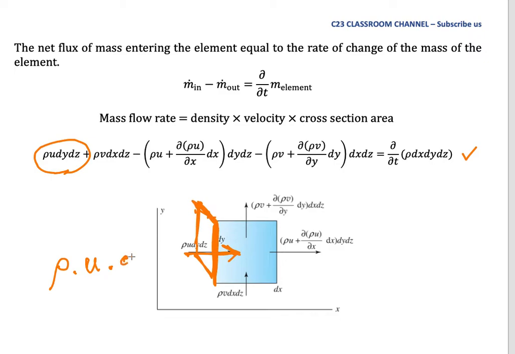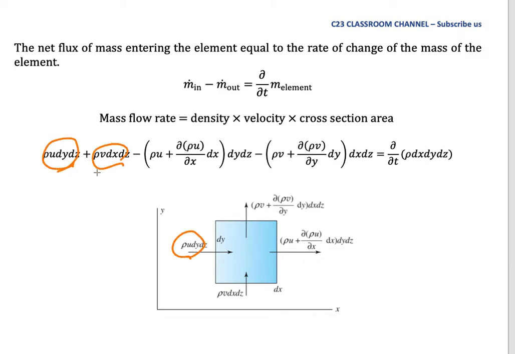You could do this at home because this is quite simple. So here is the inlet at x, and this is the outlet for x, and this is the outlet for y.